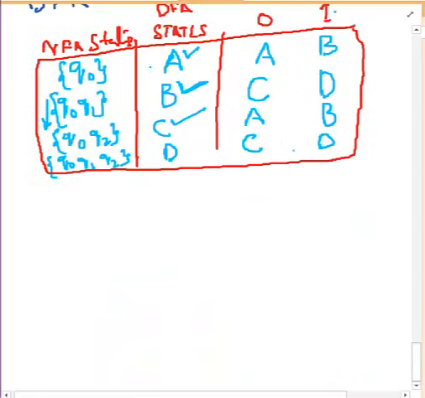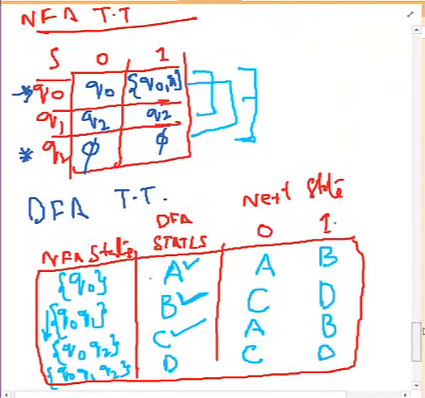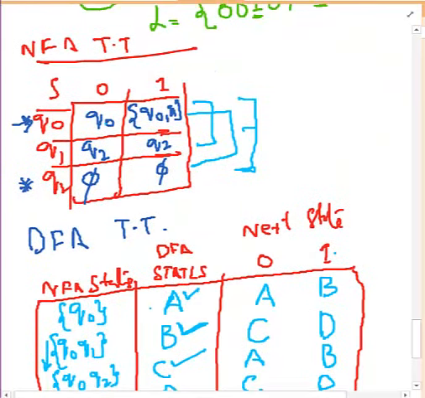It is simple to make a diagram out of it. So we have states A, B, C, and D. This is my state A, this is my state B, for example, this is my state C, and this is my state D. One more thing: the start state is the same as in the NFA.